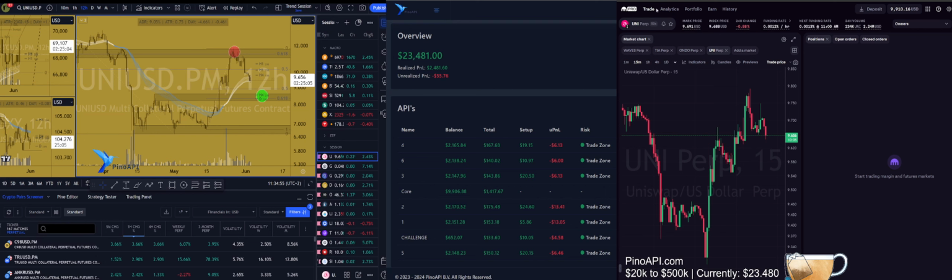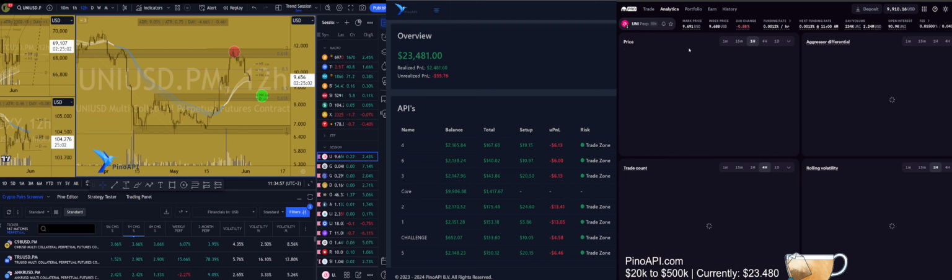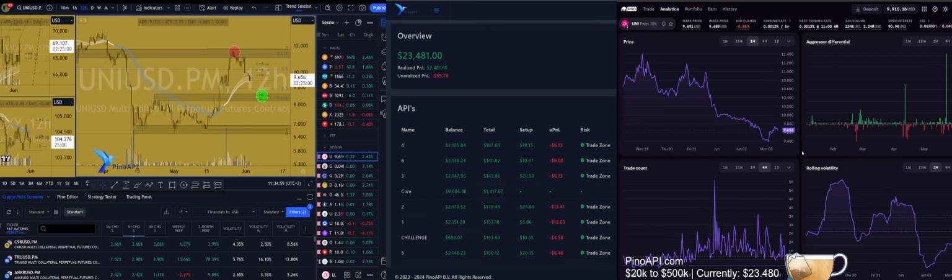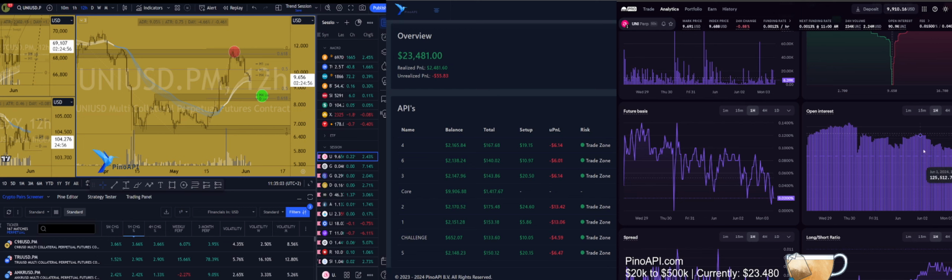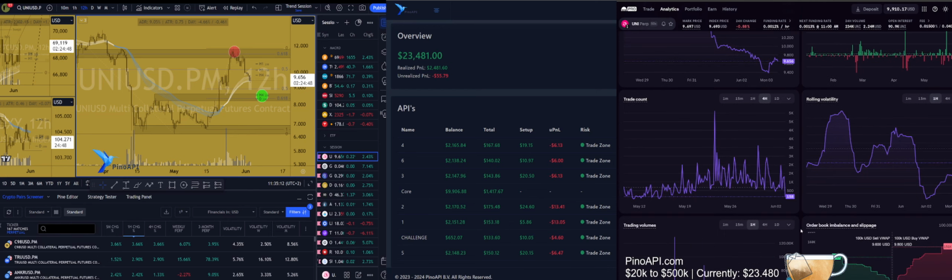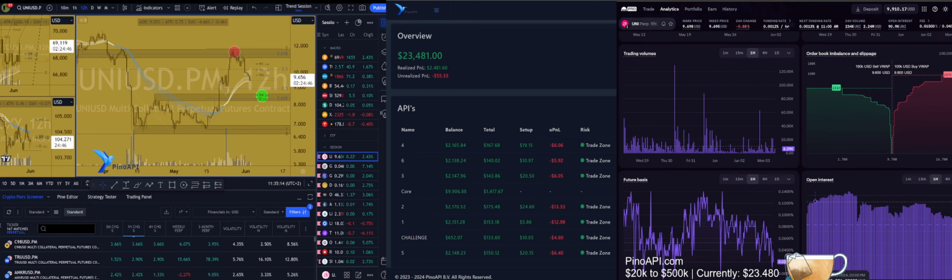Now Kraken has a nice analytics tab. I haven't really used it a lot, but you might be able to see open interest. Yeah, so as you can see, open interest is declining. I'm not really sure if that's a good thing. Let's have a look at Wednesday 29.